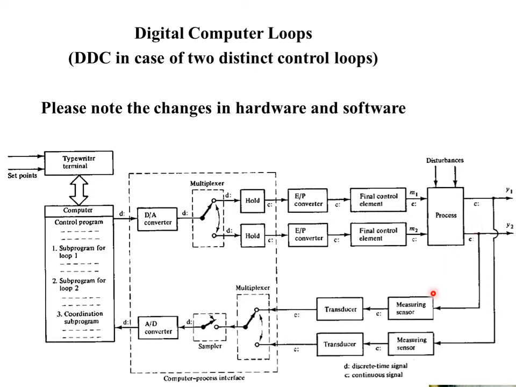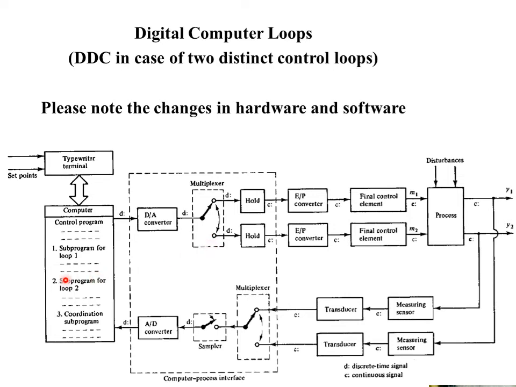Over here we have two measuring sensors, two transducers, and a multiplexer, and you all must know what time division multiplexing is. It is first connecting to the upper part, then to the lower part. When connected to the upper part, it goes to the first loop. As earlier, we had a sampler and an A to D converter, but we have just added one multiplexer over here at the input, and similarly one multiplexer over here at the output.